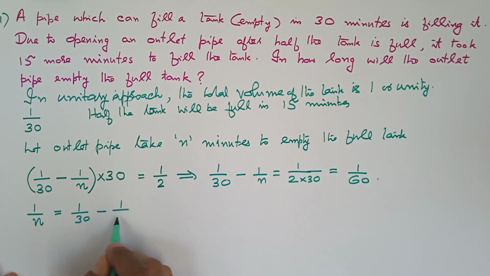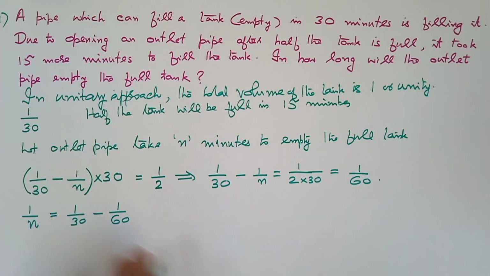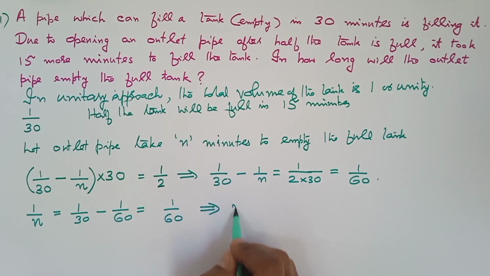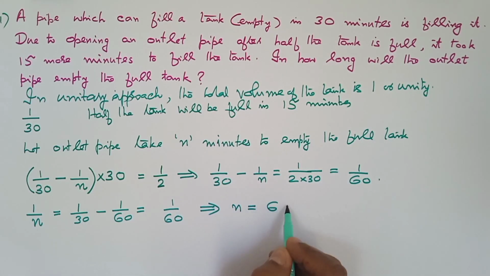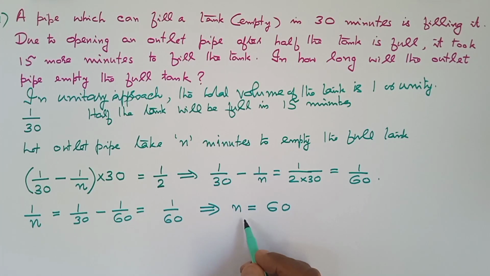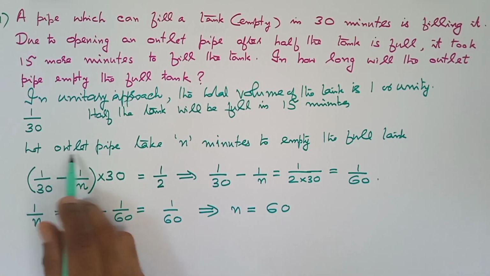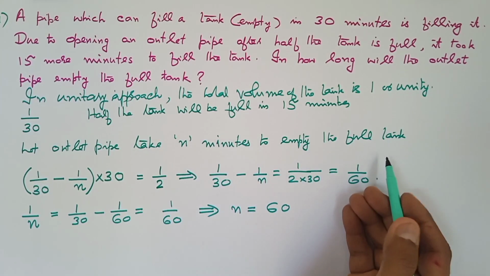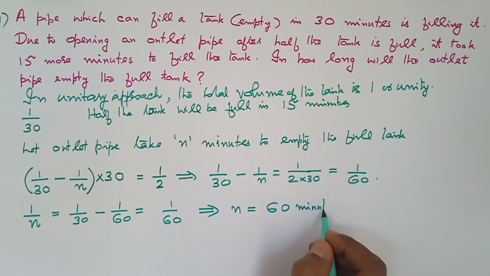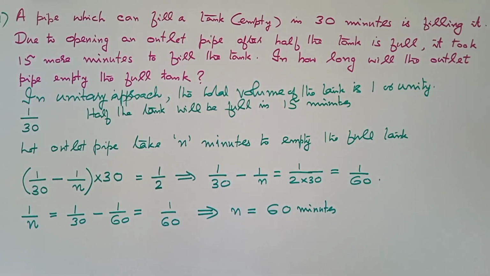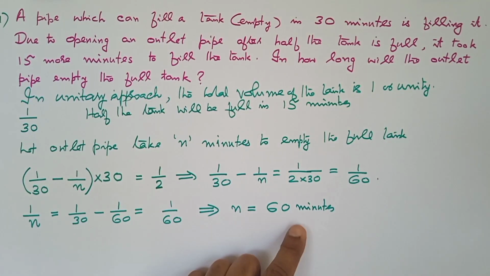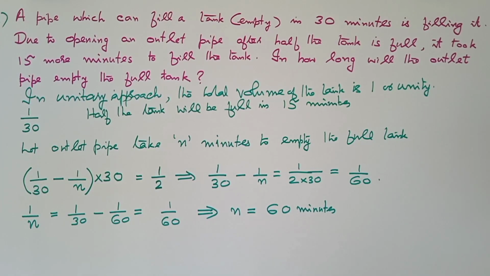On simplification, 1 by n is 1 by 60, which implies n is equal to 60. And what was n by the initial assumption we had made? The outlet pipe taking n minutes to empty the full tank, which we found to be 60 minutes. So this is the final answer to the question: in how long will the outlet pipe empty the full tank? In 60 minutes it will empty the full tank.